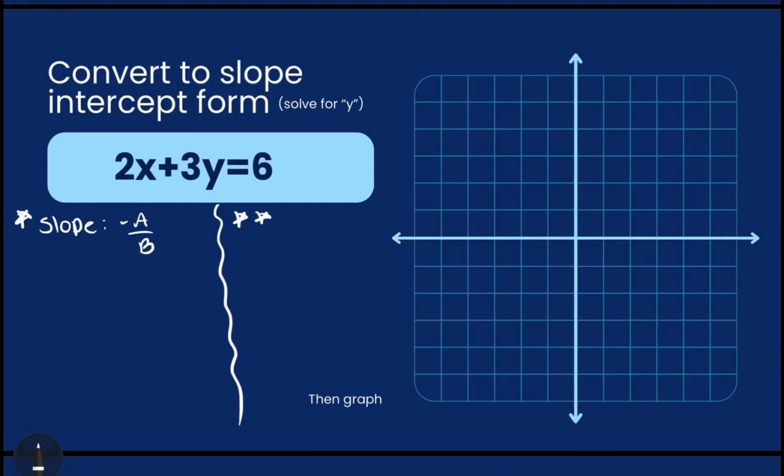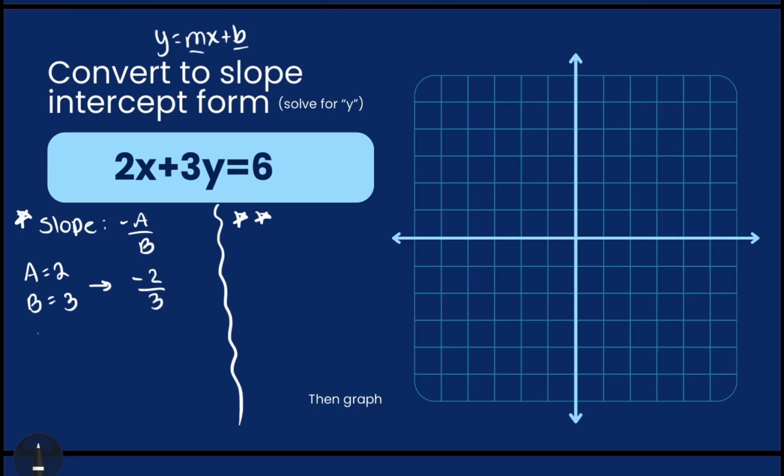Well, a I see is 2 because it's whatever's next to x, and b is 3 because it's what's next to y. So my slope would be negative 2 over 3.